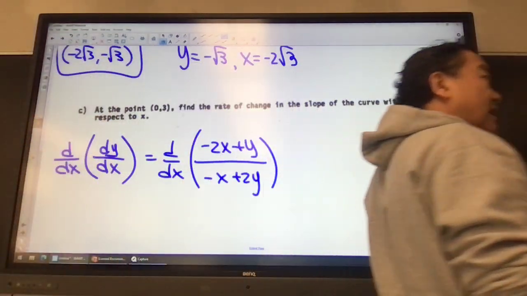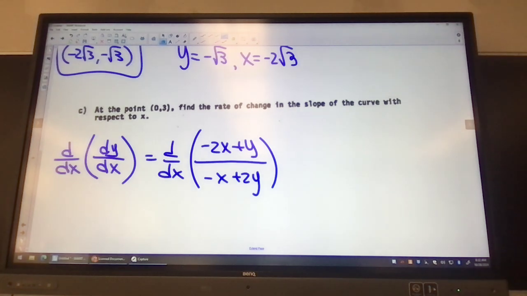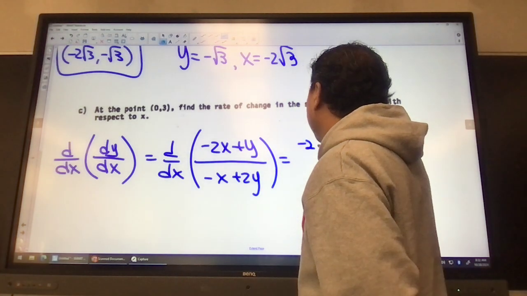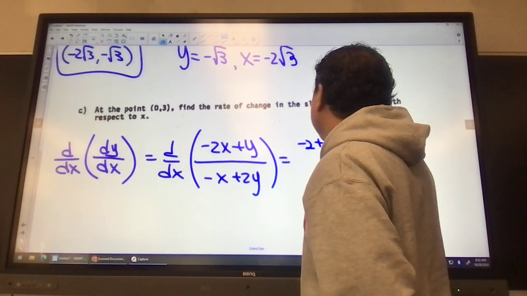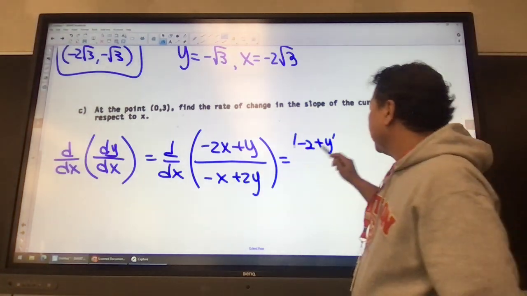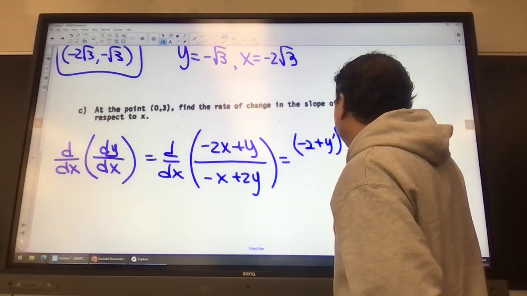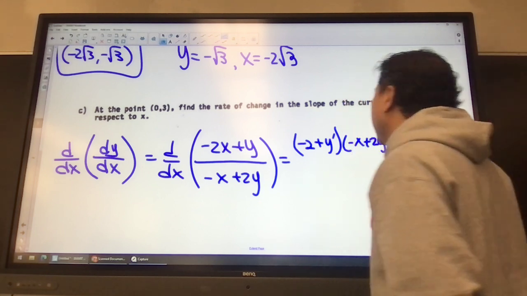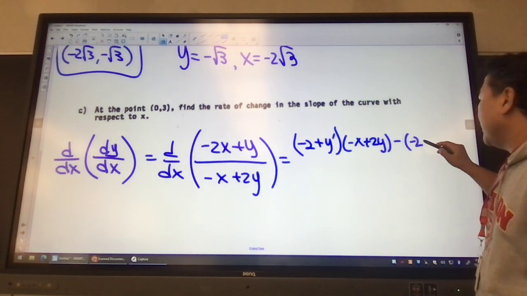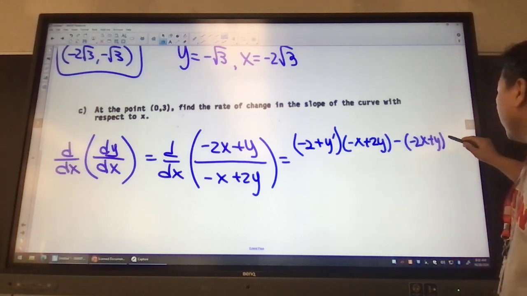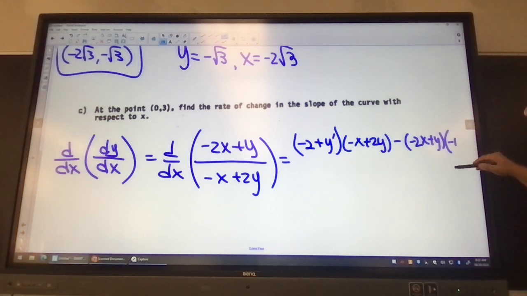Of course, I'll be using the quotient rule to figure out the values here. So what do I end up getting, guys? Take the derivative of the top, so we get negative 2 plus the derivative of y, which becomes, can I just use y prime because I don't want to write a lot? And then multiply that by the bottom, negative x plus 2y, minus the first one as it is, negative 2x plus y, and then take the derivative of the bottom, so we get minus 1 plus 2y prime.